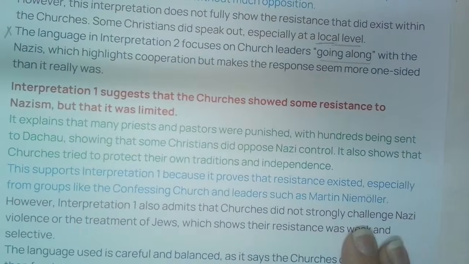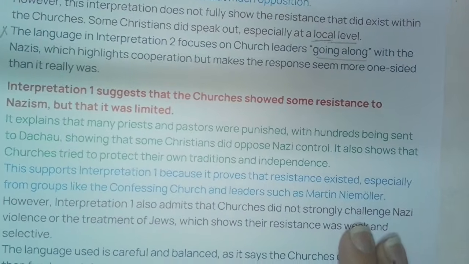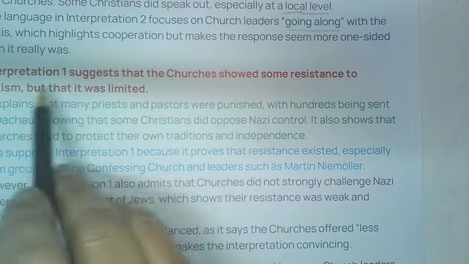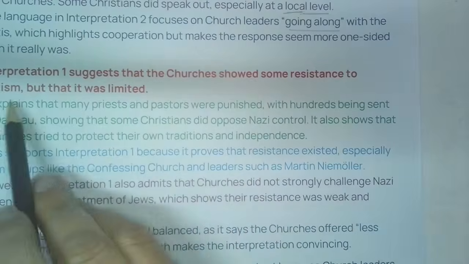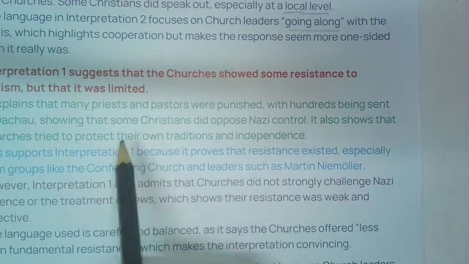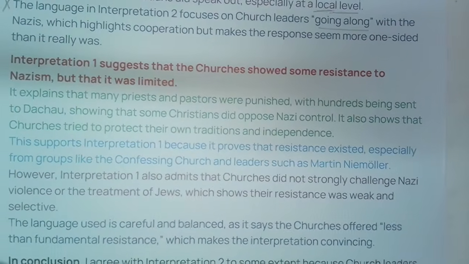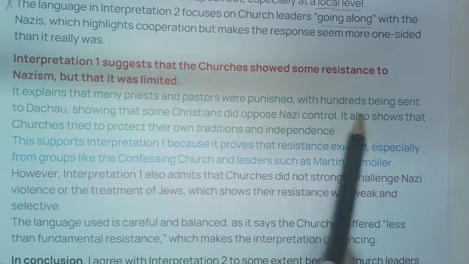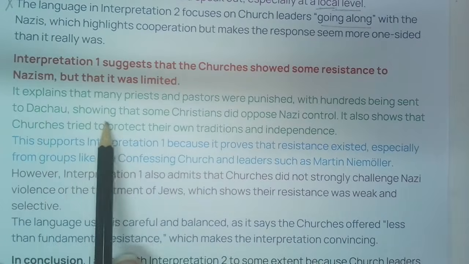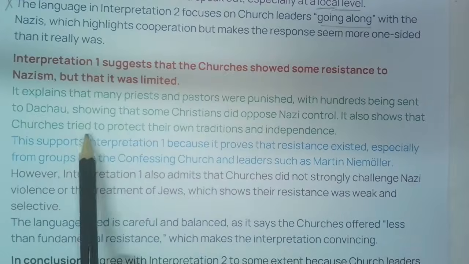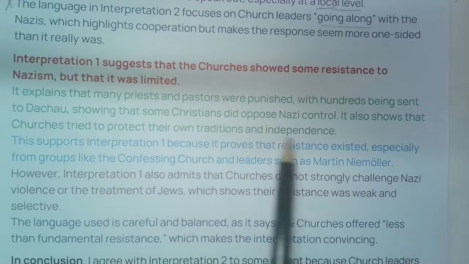Okay, let's have a look at interpretation 1, sorry. If this is confusing, please stick it in the chat, okay? Interpretation 1 suggests that the churches showed some resistance to Nazism, but that it was limited. Again, we're just saying what the interpretation says. It explains that many priests and pastors were punished, with hundreds being sent to Dachau, showing that some Christians did oppose Nazi control. It also shows that churches tried to protect their own traditions and independence.